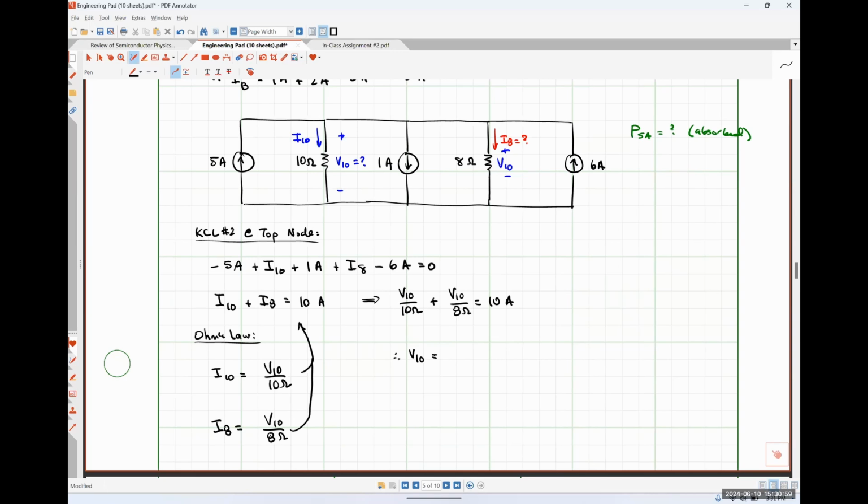Solve for x. Calculator's thinking about it. So I got 44.444, or 400 over 9 volts. So we've solved for V10.